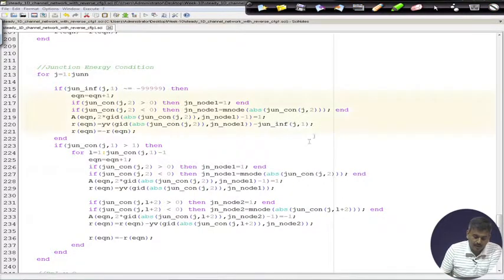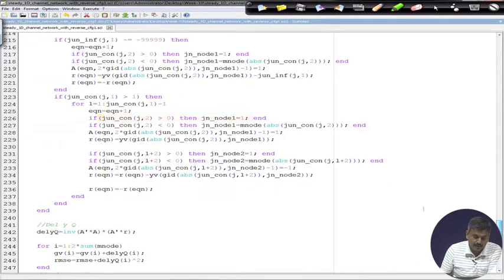Now, after considering this, we can include this junction connectivity J1 greater than 1. If it is greater than 1, then only we should iterate. This is starting from L2 junction connectivity J1 minus 1, and this is the first node, the element which is there in the second column.